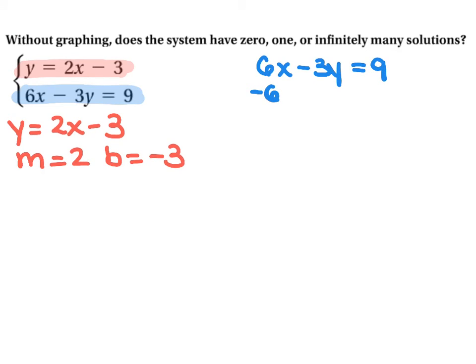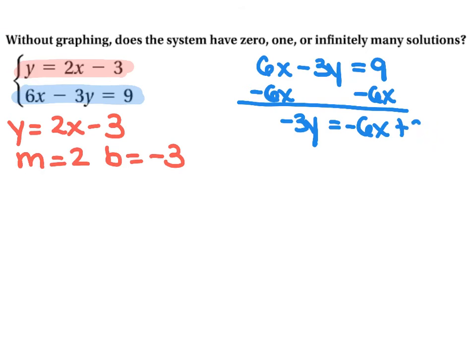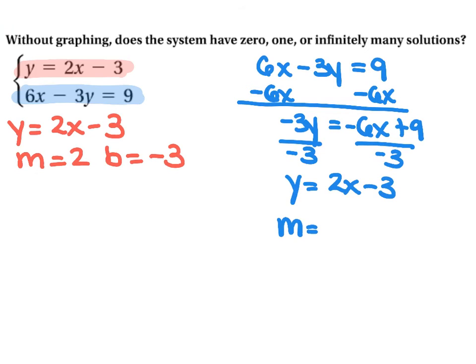I would first subtract 6x from both sides to get negative 3y equals negative 6x plus 9. Then I would divide both sides by negative 3 to get y equals 2x minus 3. So the slope is 2, and the y-intercept is negative 3.